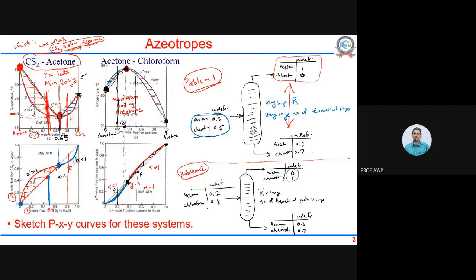And the less volatile component is the azeotrope, meaning I will get 0.3 and 0.7. Do you agree with that? Yes, I agree. All right. Should we go forward? Yes, sir.